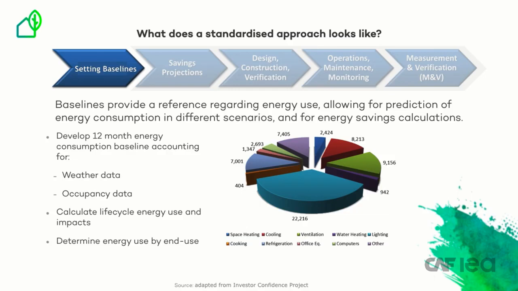This baseline should be based on an annual energy consumption analysis that accounts for weather and occupancy patterns and can be used to identify the life cycle energy consumption of the building in both the baseline and upgraded case. These data should be analyzed at the end-use level, such as at the level of space heating and cooling, ventilation, water heating, lighting, cooking, refrigeration, and so on.